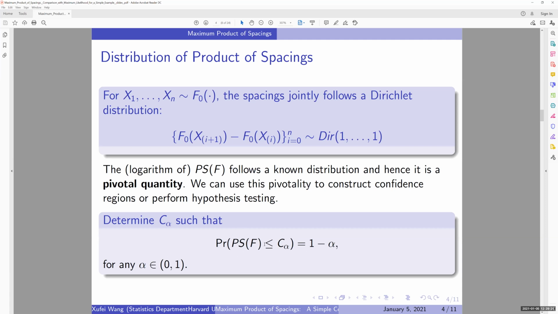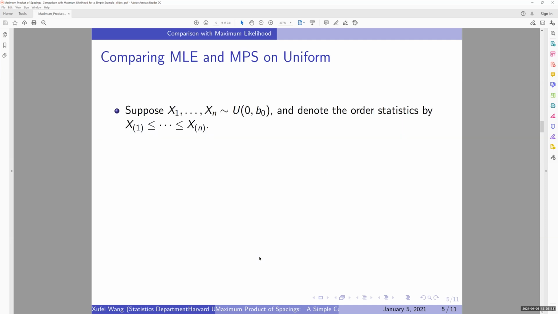So we can use this to help us find the confidence interval. A simple example is, if F is a parametric distribution, we can use this function to find a confidence interval for our estimation of that parameter.